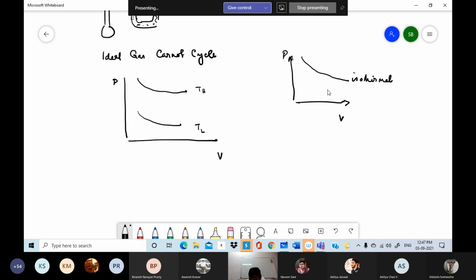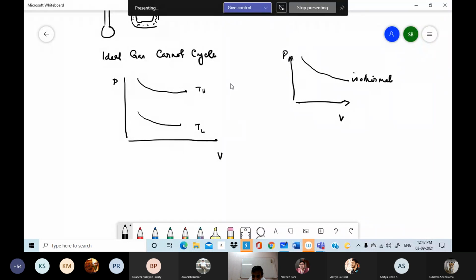So if I expand through the same difference in volume, for the adiabatic expansion the final temperature would be lower. For the same volume, if temperature is lower, the pressure must be lower.